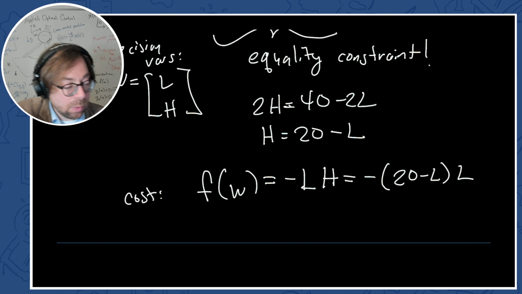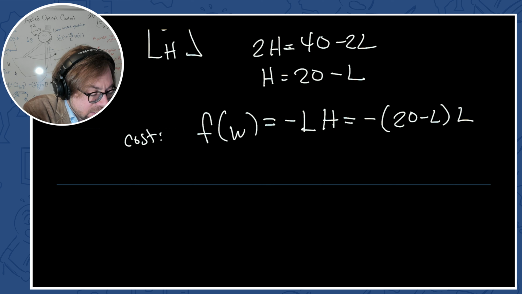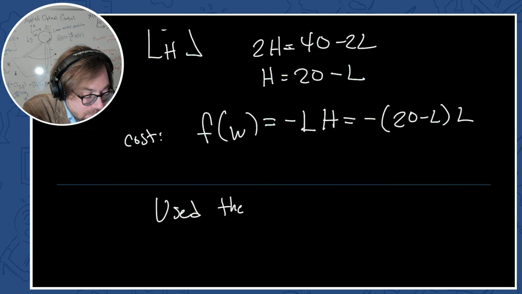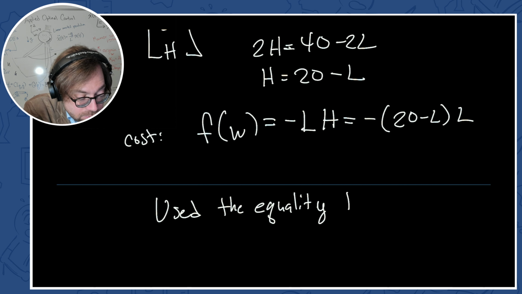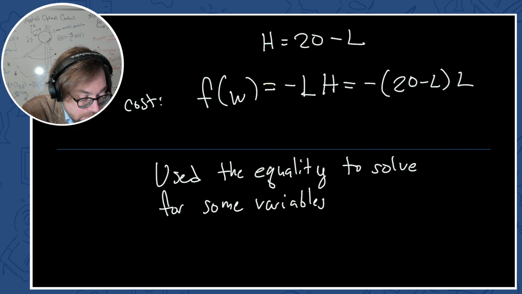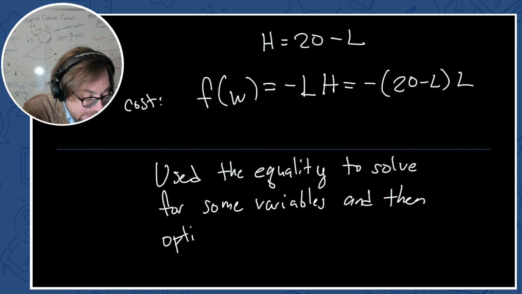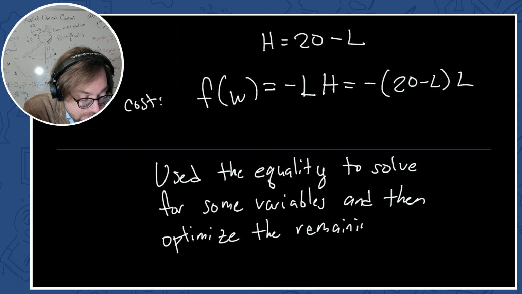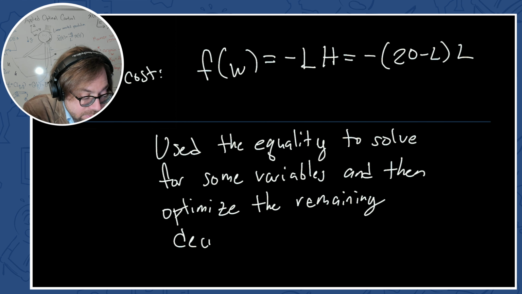Okay? So what we did is we used the equality constraint to solve for some variables and then optimize the remaining decision variables.